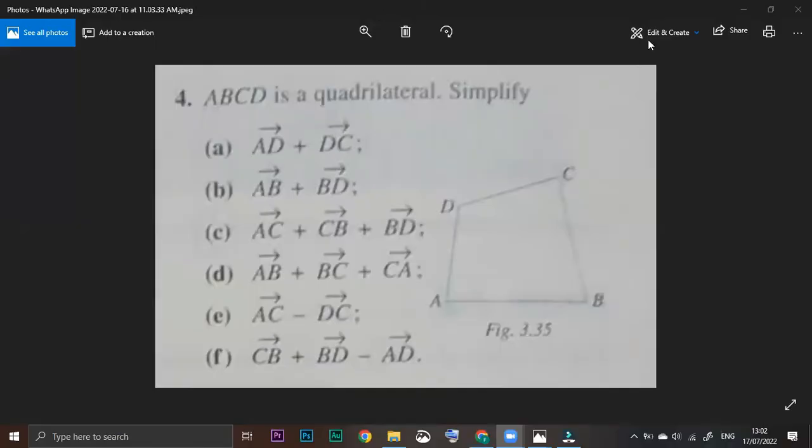Now I will give you another example to illustrate the concept of addition of vectors. ABCD is a quadrilateral. Simplify AD plus DC.